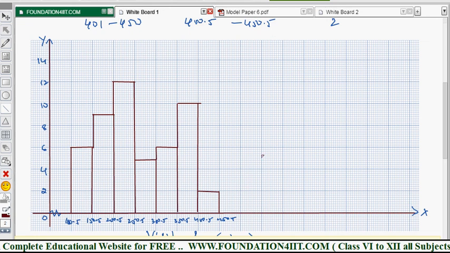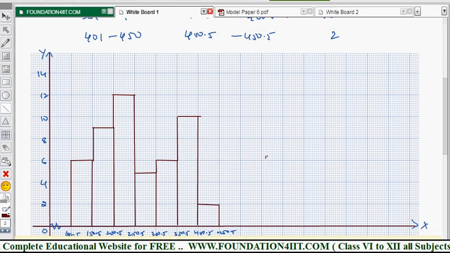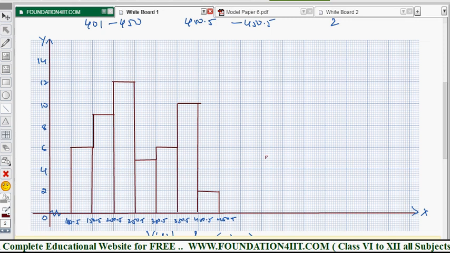Now from this we should find out the mode. To find the mode, you look at the highest bar. If you observe, the highest bar is this, that is 200.5 to 250.5. Now for this, you should draw straight lines.